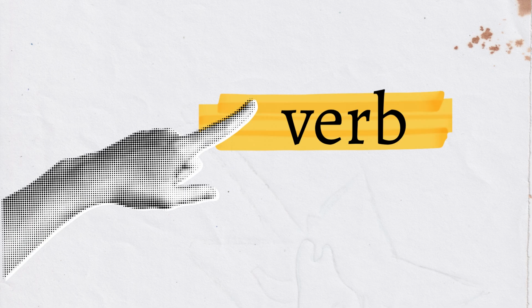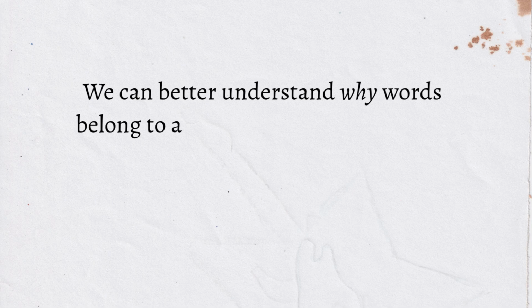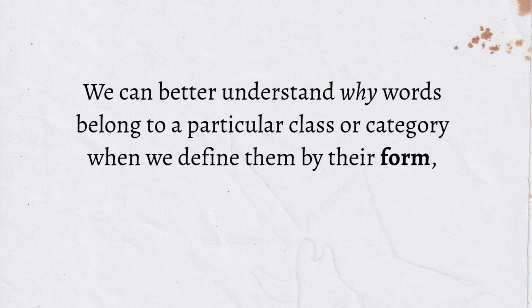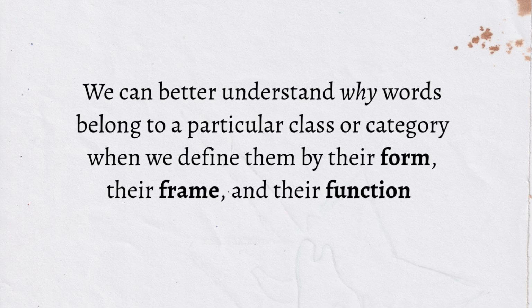For example, if a word seems to convey an action, we'd logically want to put it into the verb category. Notional definitions are a helpful place to start, but we can better understand why words belong to a particular class or category when we define them by their form, their frame, and their function.